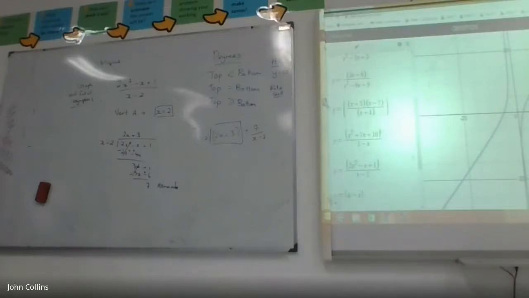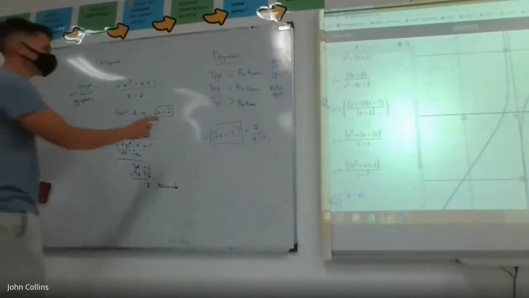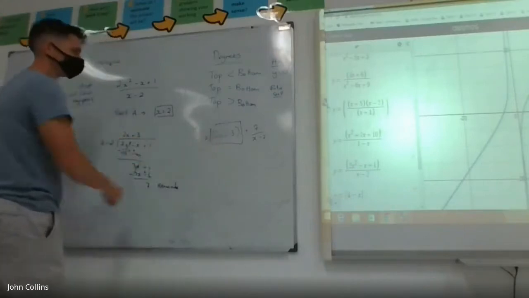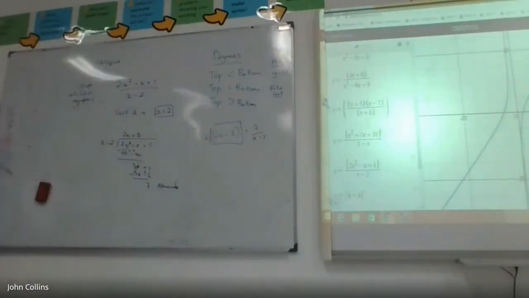So then you just get that line left with the little additional bit. This is the line it tends towards. The line that does not cross.